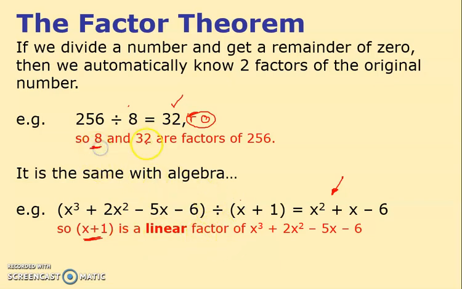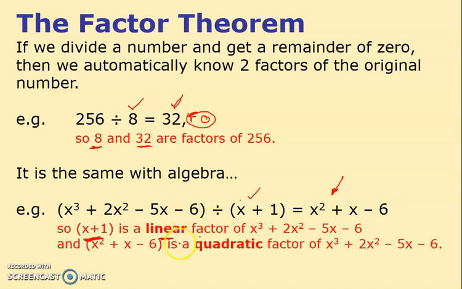Those were the 8 and 32. I didn't distinguish between them. I did the division. That was a factor, but also my answer is a factor. 8 and 32 are factors of 256. But here I can distinguish between them because I've divided by x plus 1. It is a factor. I'm saying it's a linear factor. You might be thinking, why? Well, x squared plus x minus 6 is a quadratic factor, simply because it's got an x squared in it.